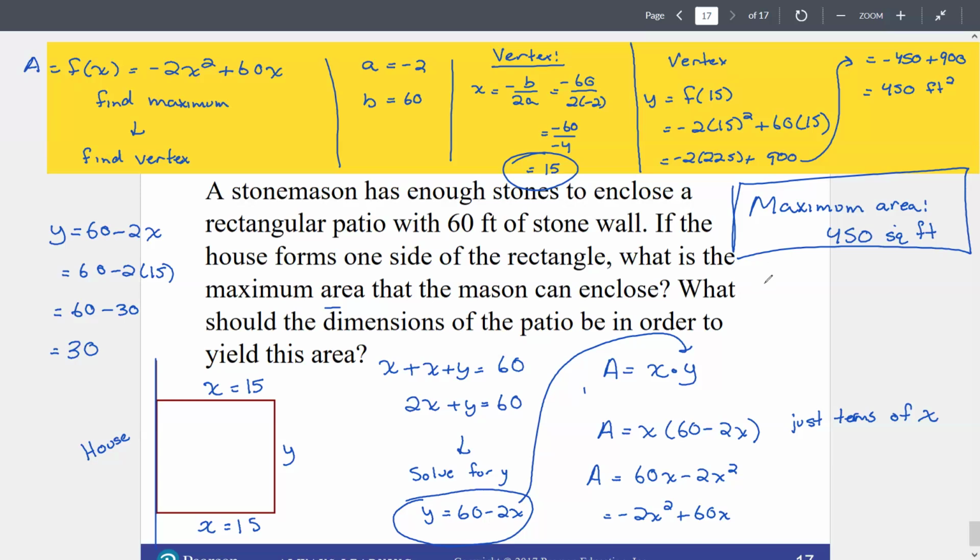So for my maximum area, I would have to have a width of 15 and a length of 30 feet.